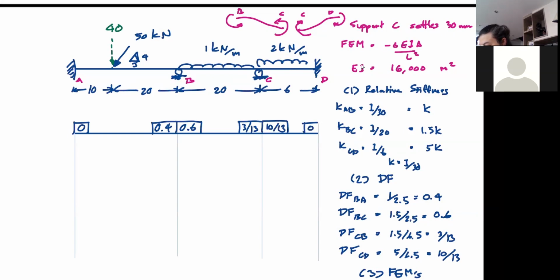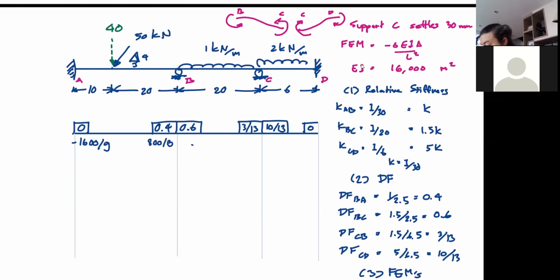And this is 0. And now we have that is minus 1600 over 9. This is 800 over 9.